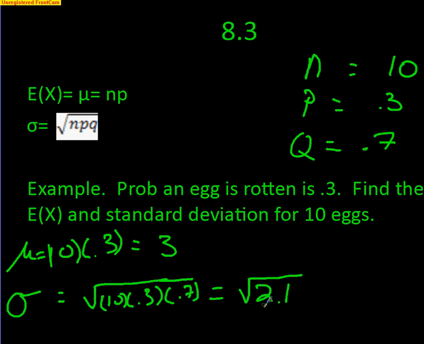Let me do the calculator real quickly here. I get 1.44914. So that's your expected value, or your mean, and your standard deviation.